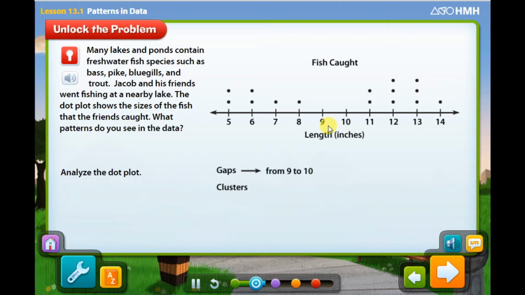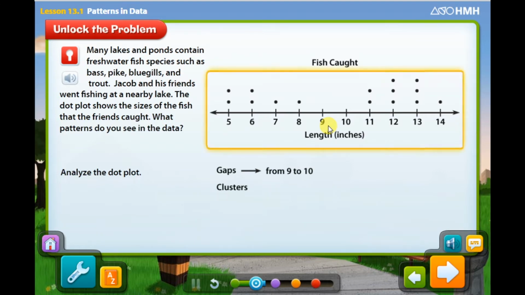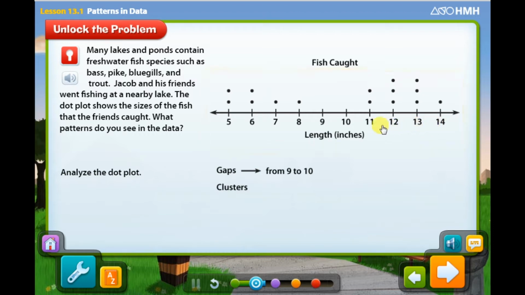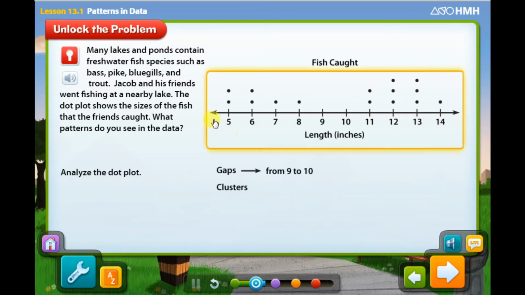Now, look for clusters within the data. What's a cluster? A cluster is a group of data points that lie within a small interval. Are there any clusters in this dot plot? Clusters are groups of data points separated by the gaps. The groups of intervals that contain data, we call clusters.